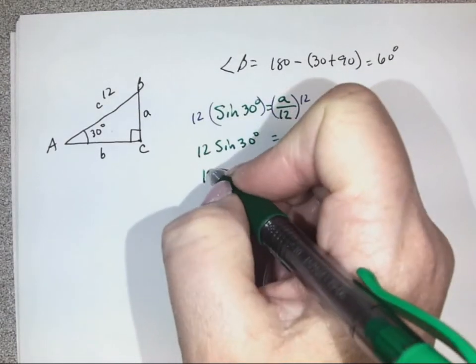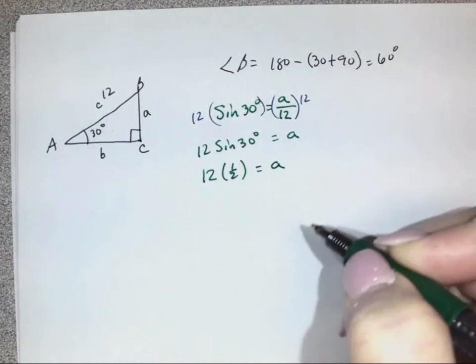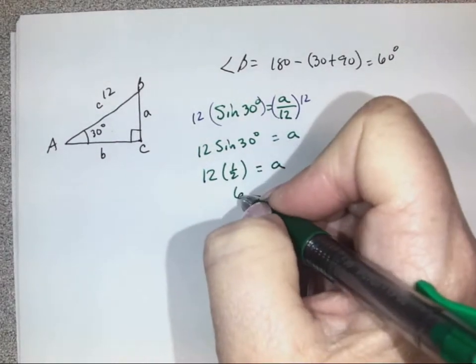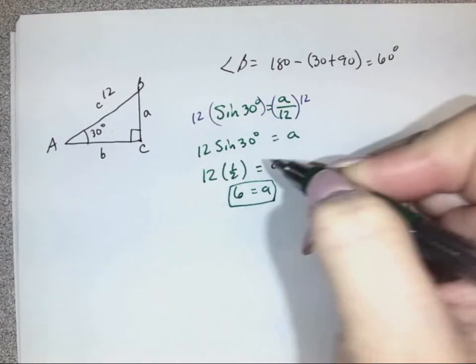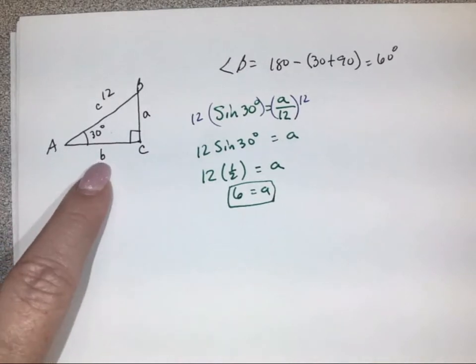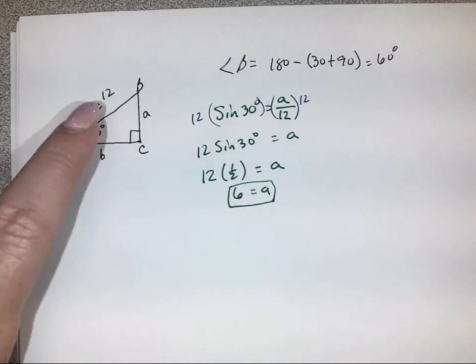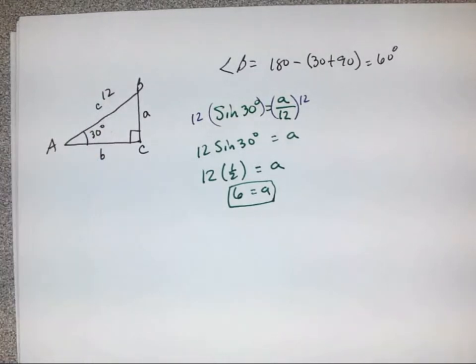So with the sine of 30 being 1/2, 12 times 1/2 is equal to A. This means that 6 is equal to A. So I found my A. Now let's go find B. For B, I can do the cosine. The cosine of 30 will be B over the 12.